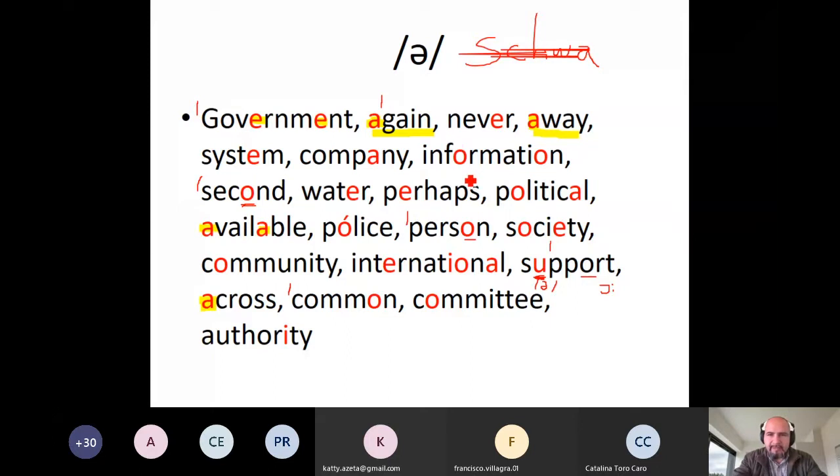As you can see here, information. The schwa is present here in the second syllable and in the fourth syllable. Sometimes you can even get rid of the schwa. For example, some people say information, they produce a schwa, right?